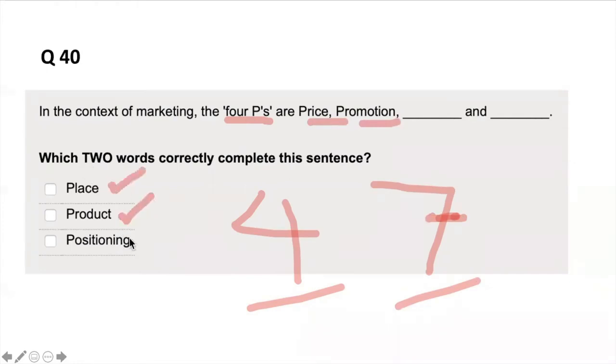So we're looking for 2 words. Positioning, by the way, is a marketing term, but not a marketing element in the Ps framework. So the first 4 are product, price, place, and promotion, and these are the ones we're looking for. And if we had 7, for purposes that relate to your studies, you would add people, physical evidence, and processes.